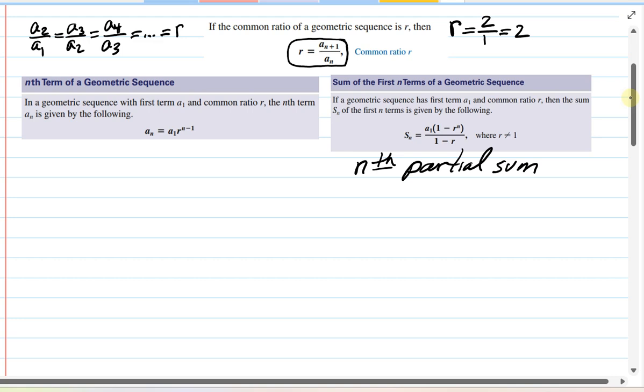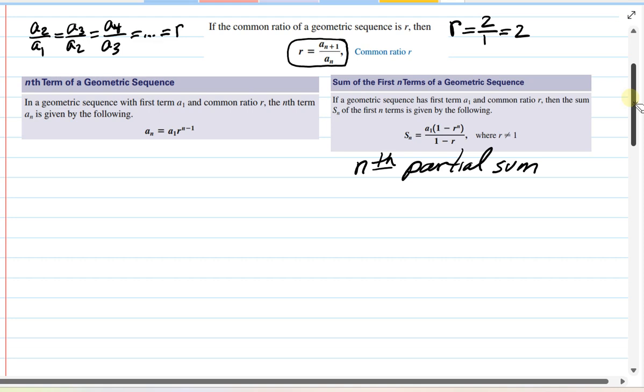So if I look at the first 50 terms and I want to add them up, then I have a geometric series, and S sub 50 is what I want. That 50 is only a portion of an infinite set. That's why I call it the partial sum.